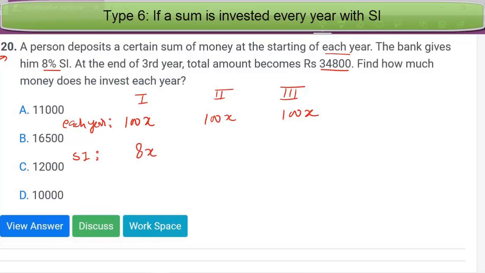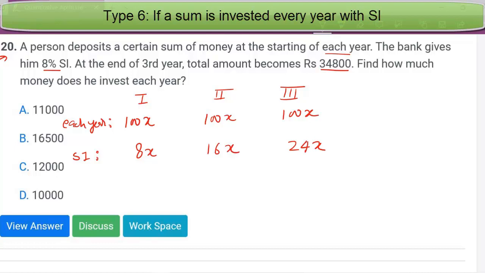In the second year, because he has again invested 100x, he will get 8x plus 8x from the earlier money, so that means 16x. And in the third year again 8x for the 100x invested in the third year plus 16x from the previous years, so that comes out to be 24x.